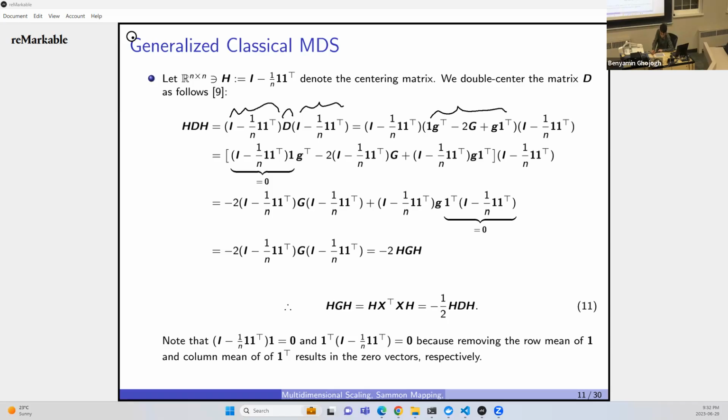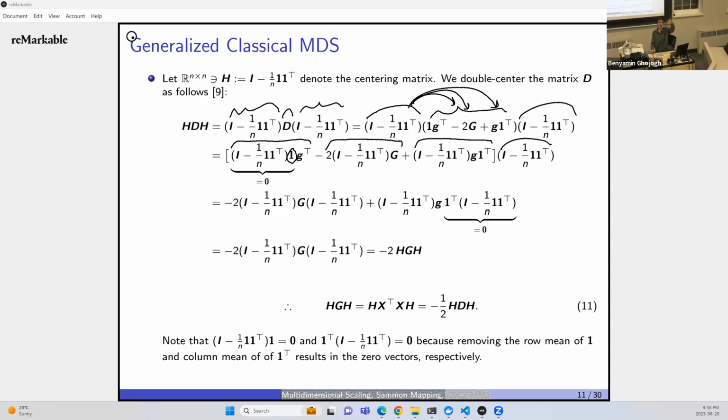Now what am I doing? I'm multiplying this to these three elements. If I do that, I will have this term, and this term, and the last term is here. Then what happens? This is the centering matrix, and this is the vector of 1s.